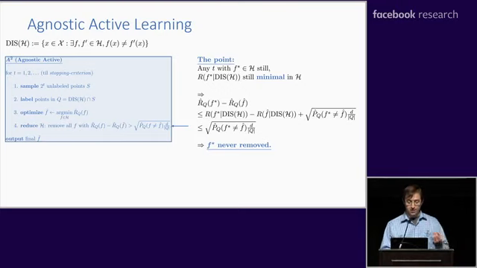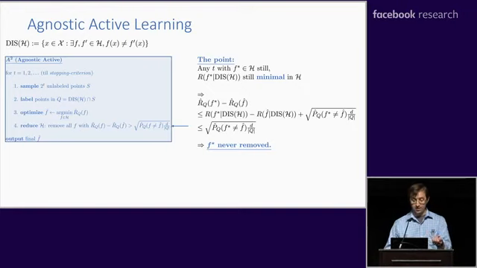If we plug that into the reasoning from Bernstein's inequality, what you get is that the excess empirical risk of f star is bounded by its excess risk under the conditional distribution given the region of disagreement, because that's what Q is sampled from, plus this term from Bernstein's inequality.